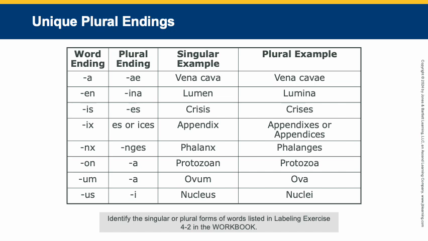UM turns into A, like ovum is one egg, ova is many. US turns into I, so nucleus turns into nuclei. There are some examples on table 4.4 in your book on page 133, some examples of the unique plural endings. Also, there is a labeling exercise in 4.2 in your workbook that you can look at to work on these.